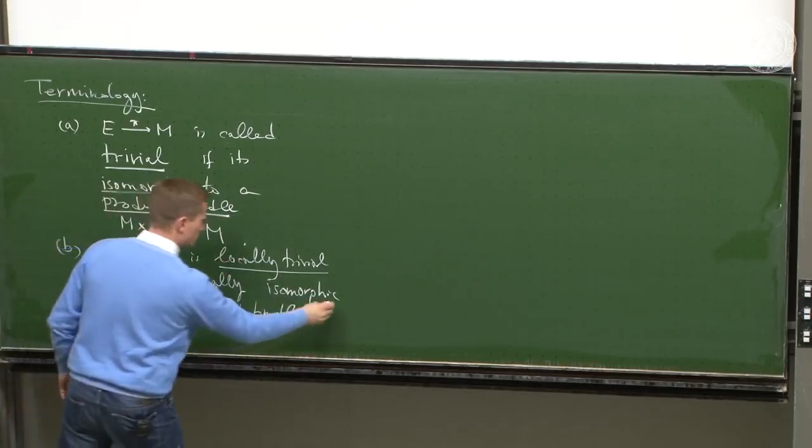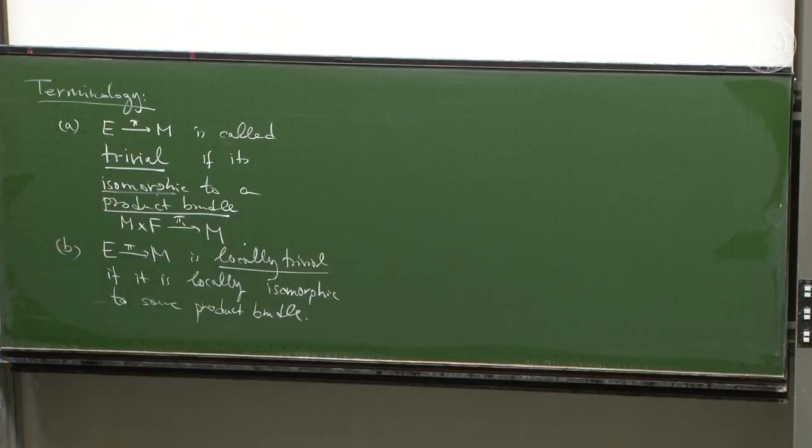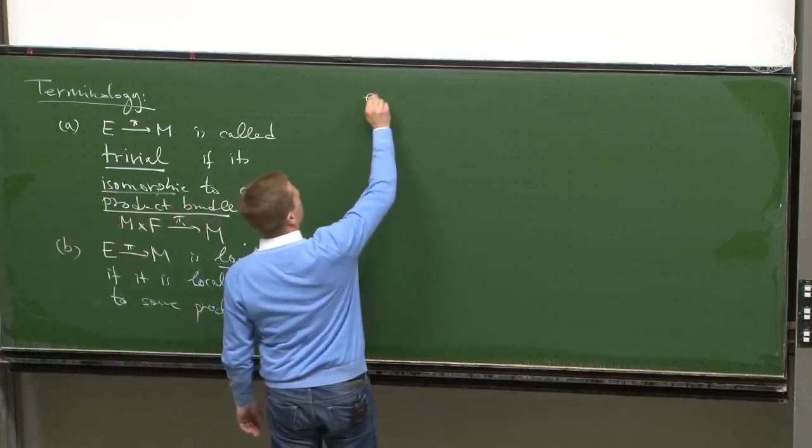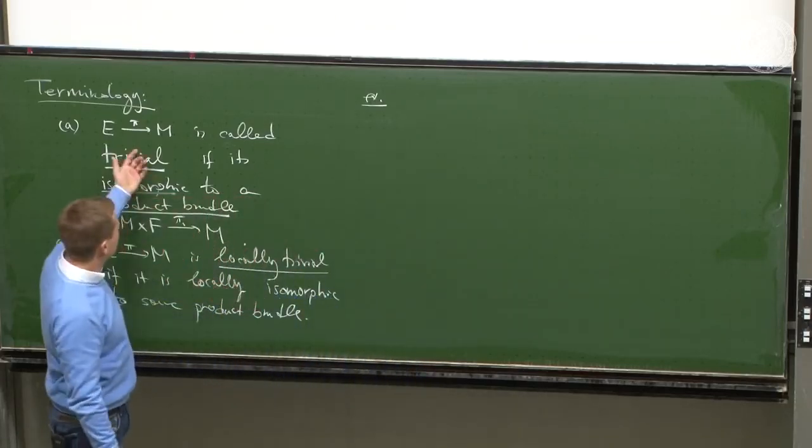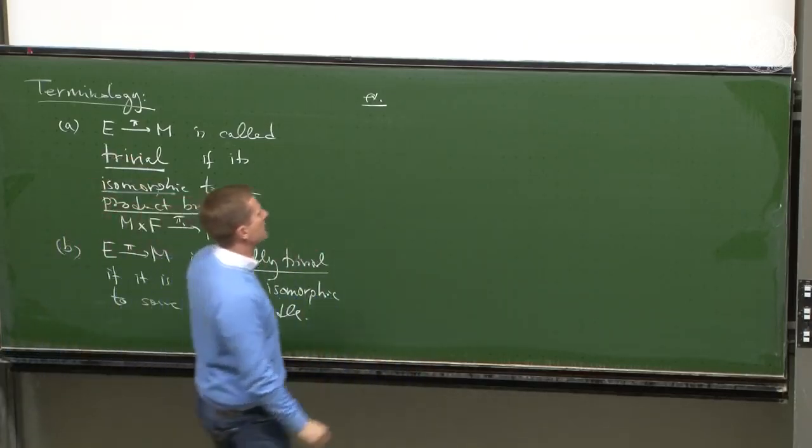Okay, that's locally isomorphic to some product bundle. So example, and obviously trivial implies locally trivial, but not the other way around.